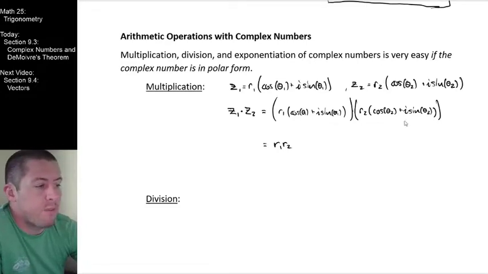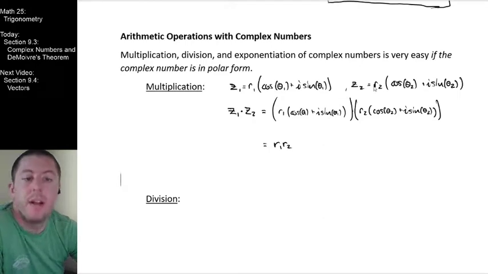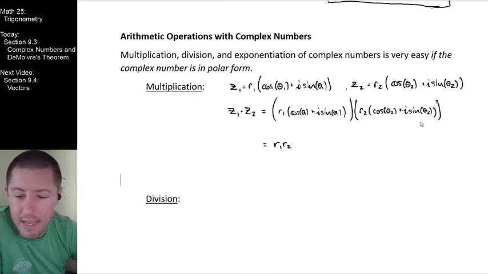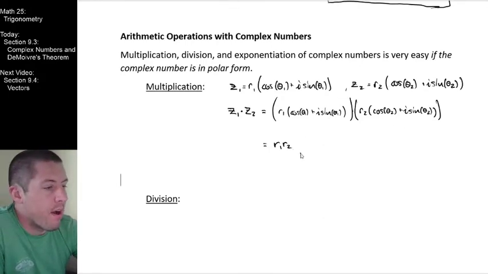Well, it looks like I need to FOIL out this stuff right here. Cosine theta 1 plus i sine theta 1, cosine theta 2 plus i sine theta 2. So let's go ahead and FOIL out these terms. First says we're going to get cosine of theta 1 times cosine of theta 2.